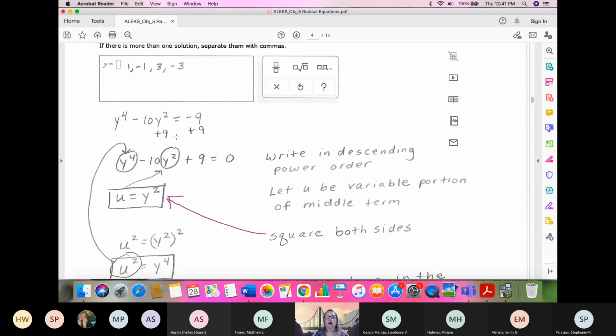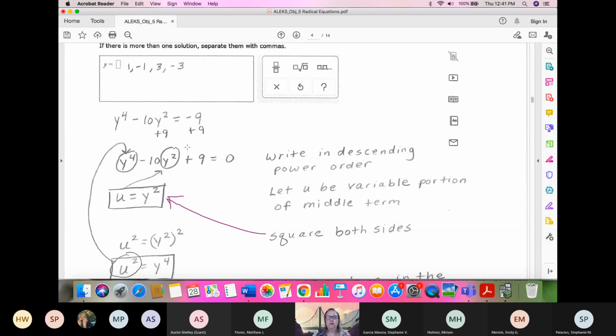So you just write it down. I'm going to let u be equal to y squared. That way, when we get near the end of the problem, we know how to get back to the y's. We know what the relationship between this u is and this y is. So we can get back to writing our answers in terms of y.